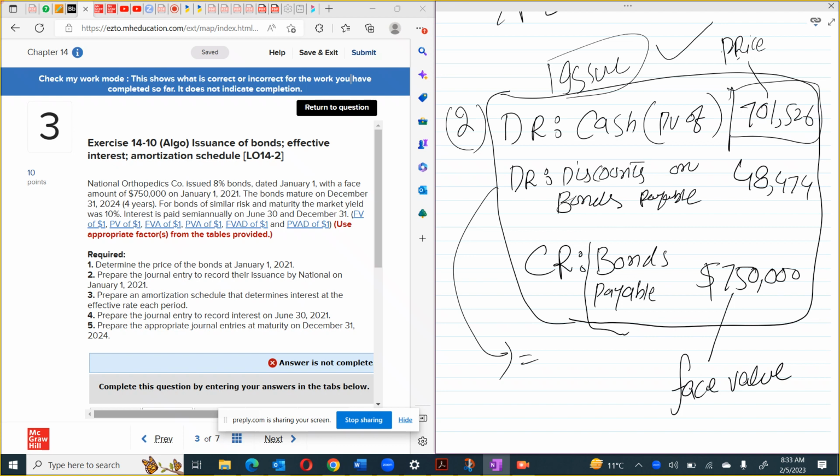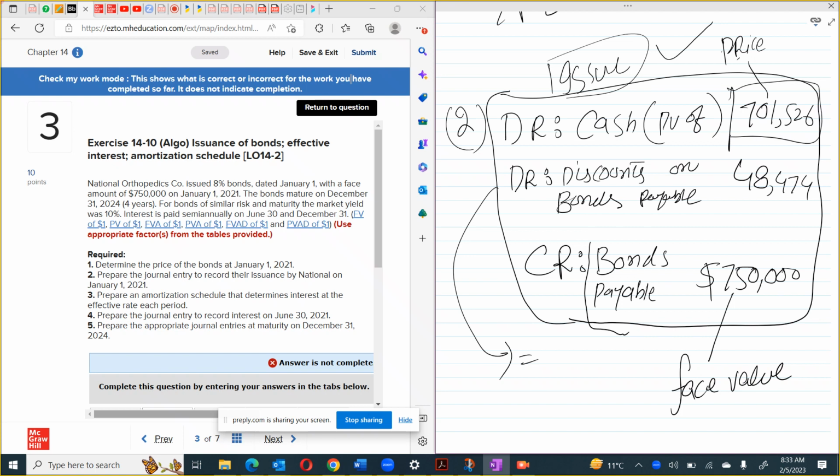Cash is 666,633, and the bonds payable is 700,000. The difference between these two is 33,367. Now, how to calculate amortizing the discount every period? Normally, we calculate the cash interest minus the effective interest.